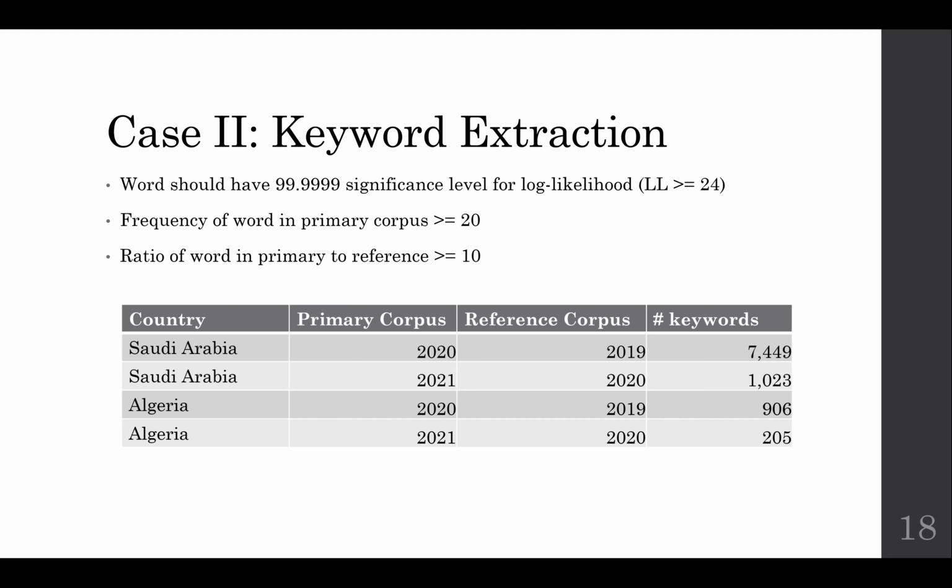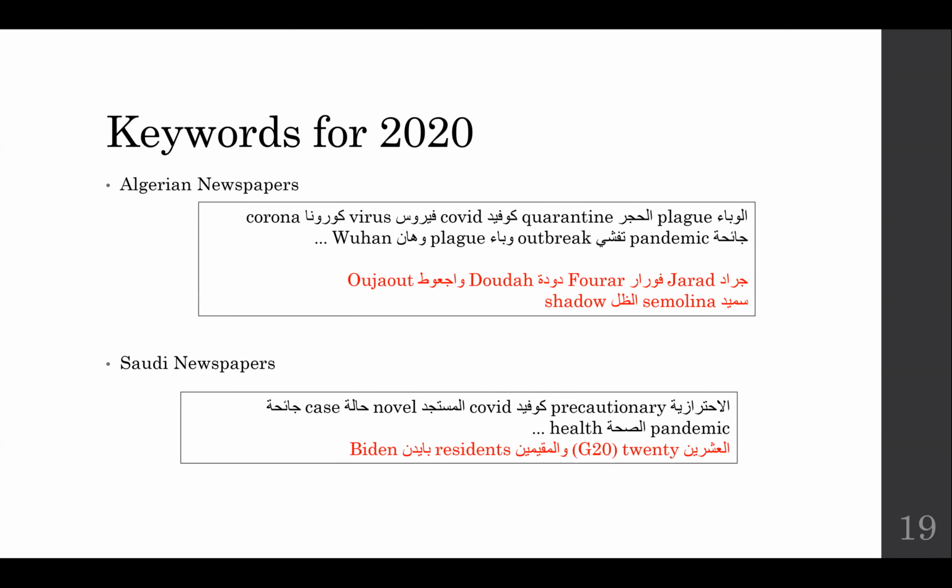And let's see some examples of keywords from 2020, from Algerian newspapers and Saudi Arabian newspapers. The words in black represent COVID-related terms, like corona, virus, COVID, quarantine, etc. For non-COVID-related terms, in Algeria, it is mainly about political figures.